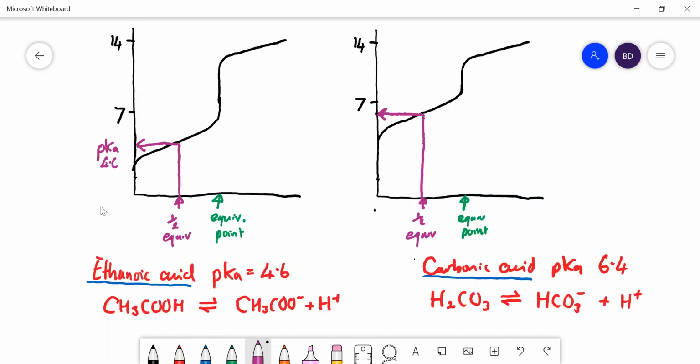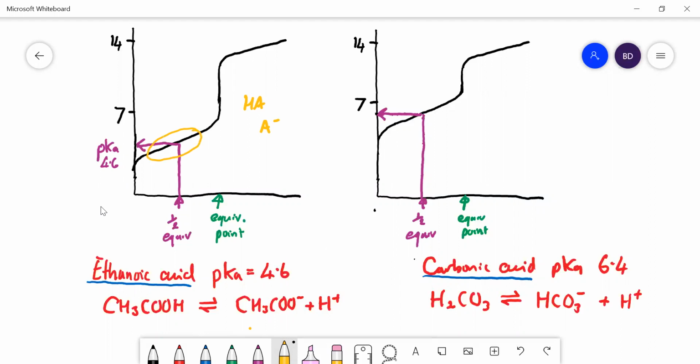Now, if we remember when we're talking about buffer solutions, you need plenty of HA, and you need plenty of A minus. And it is in this region here where you've got plenty of both.